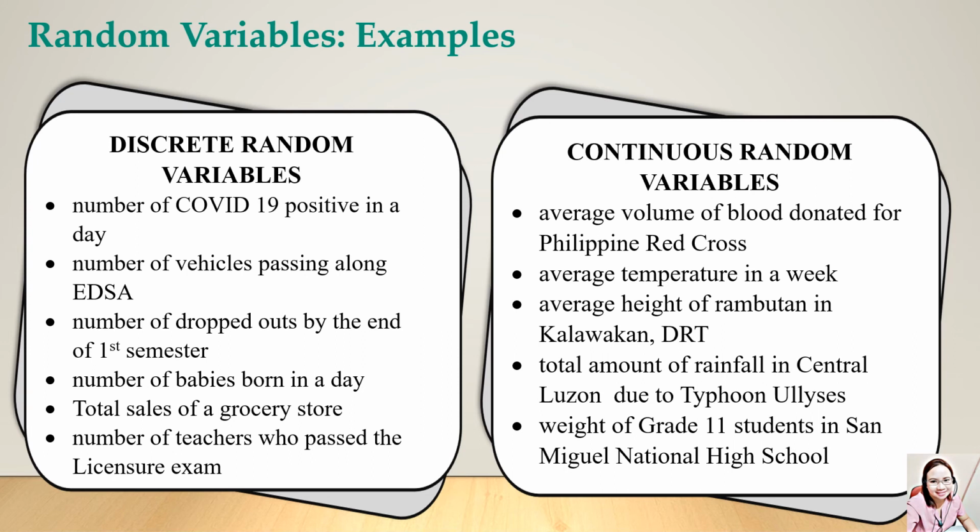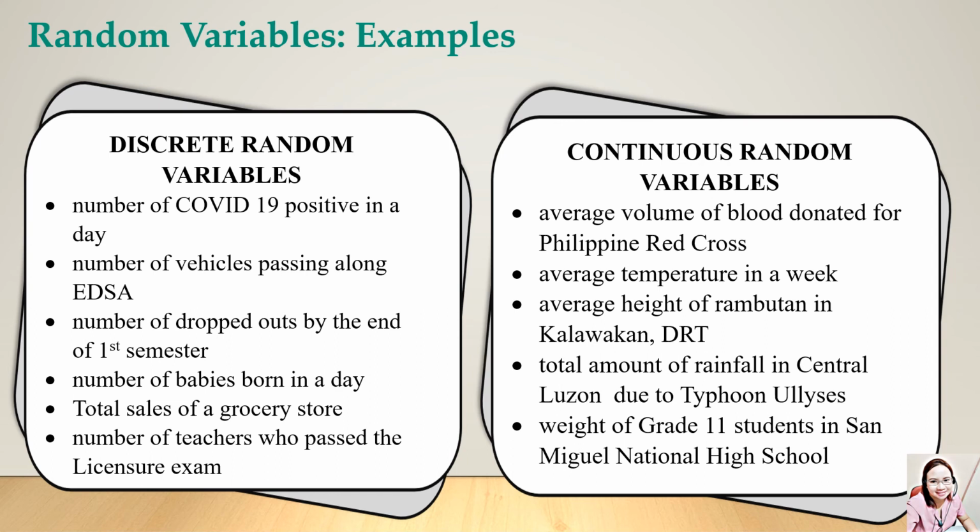For continuous random variable, here are the examples. Average volume of blood donated per Philippine Red Cross, average temperature in a week, average height of rambutan trees in Calawacan DRT, total amount of rainfall in Central Luzon due to Typhoon Ulysses, and weight of grade 11 students in San Miguel National High School.